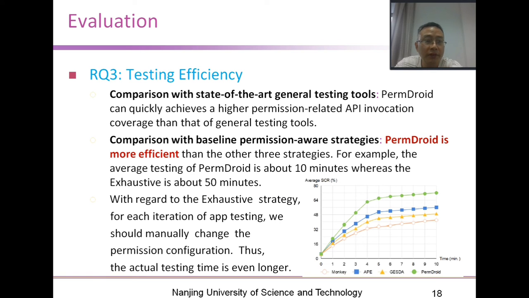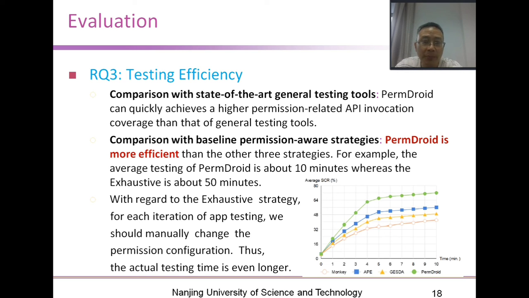Lastly, we want to report on the testing efficiency. Compared with the state-of-the-art general testing tools, PermDroid can quickly achieve a higher permission-related API invocation coverage than the other approaches, as illustrated in this figure.